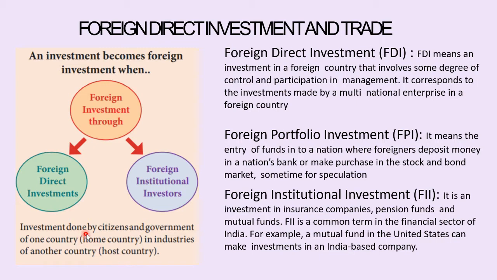So investment done by citizens and government. It can be a citizen who is investing in a foreign country or a government which is investing in a foreign country. Investment done by citizens and government of one country in industries of another country is called foreign investment.